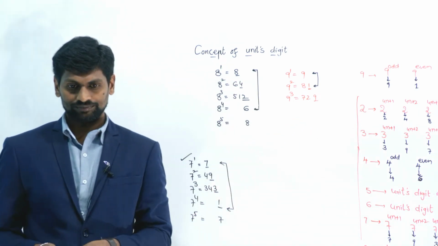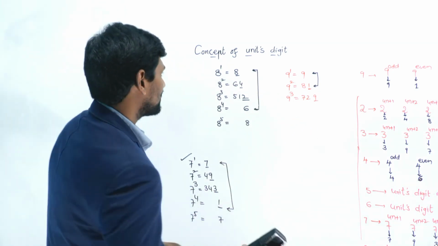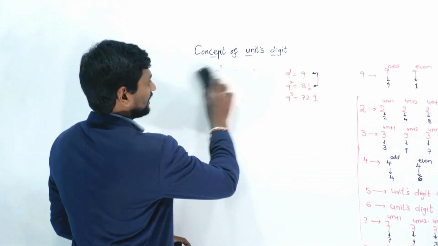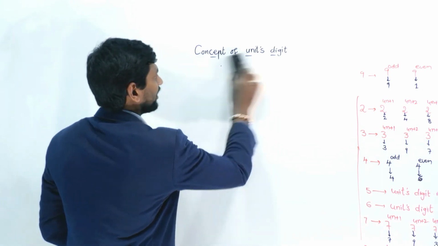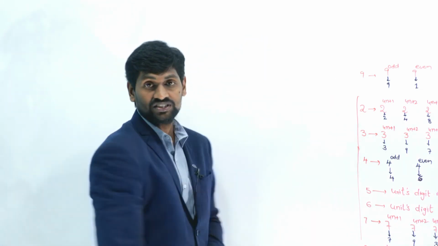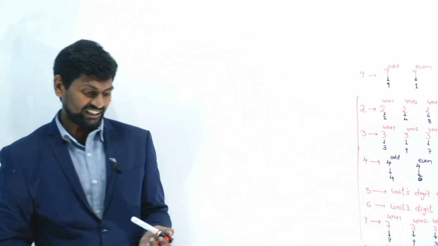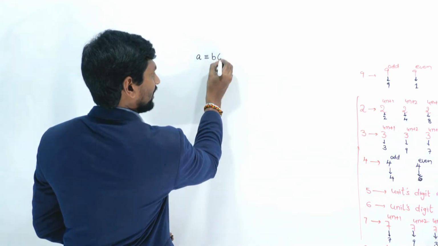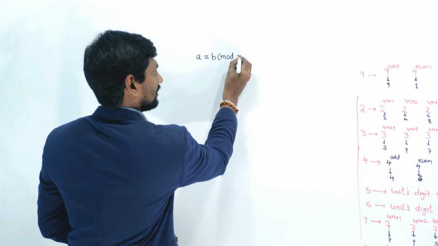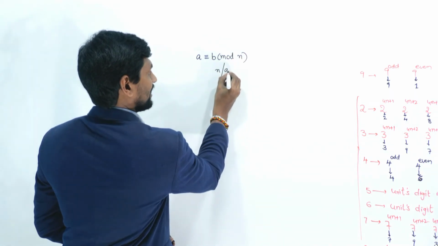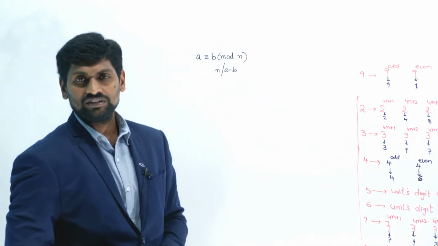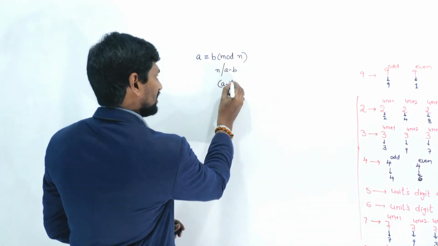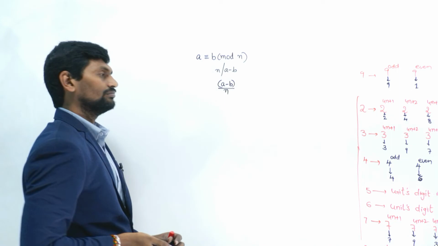Okay, next one. We have already discussed the congruence rule, right? If a, b, n are any 3 integers, we can write a is congruent to b mod n. That means n divides a minus b, or a minus b is divisible by n.